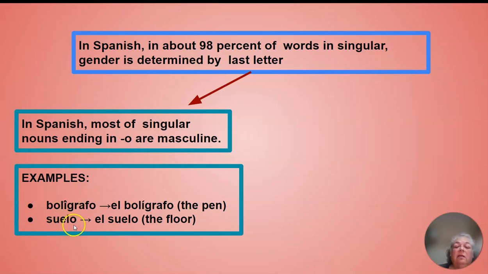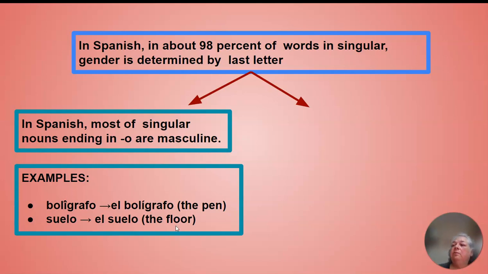Similarly, suelo ends in O. We also need the masculine definite article, and that becomes el suelo, the floor. On the other hand, how do we know if a word is feminine?